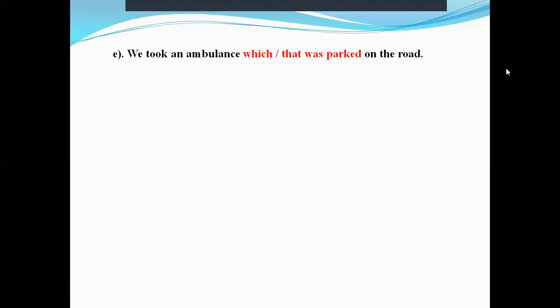If you get such a structure, subject, then principal verb, then object, then relative pronoun, then past participle of verb, just omit the relative pronoun and be verb. Then the answer will be we took an ambulance parked on the road.